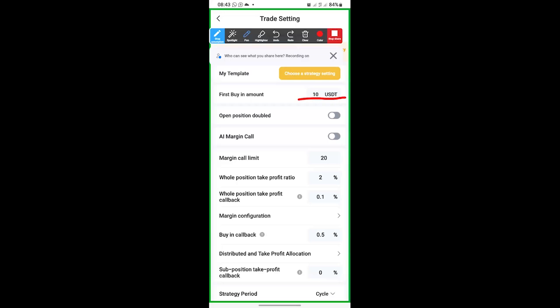Then the open position double: do not enable this unless you've got good capital. This means that if I have 500, I should have maybe another extra 500 to open this open position double, because each and everything that I put here is going to double itself by 2 times 2.